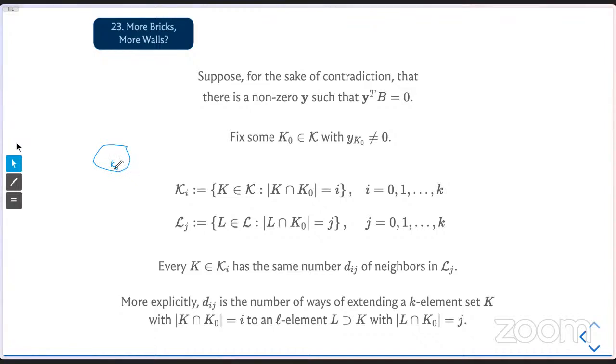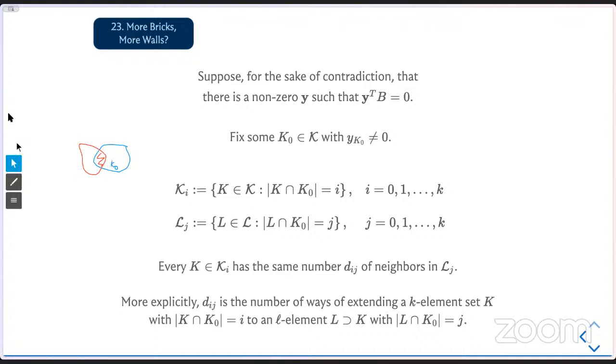If you're in fancy Ki, that means that you overlap with K naught at some i vertices, right? And now I'm looking for things that we are adjacent to in Lj. But what is Lj collecting? Lj is collecting things that overlap with K naught at j things, right?